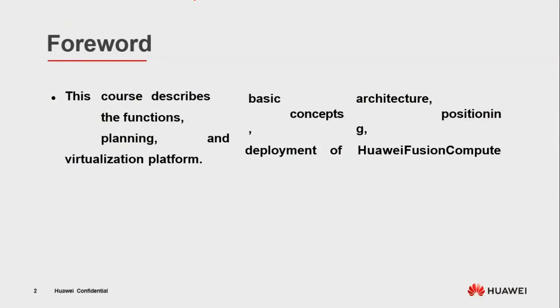We will discuss the architecture, the functions, the concept, functioning and planning, and the deployment of FusionCompute, or what we call FC. For me, I prefer to call it FC. It's a very good abbreviation for FusionCompute.